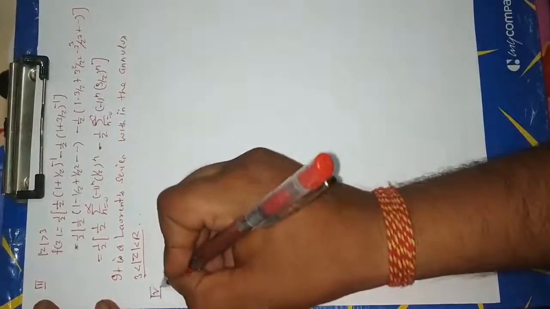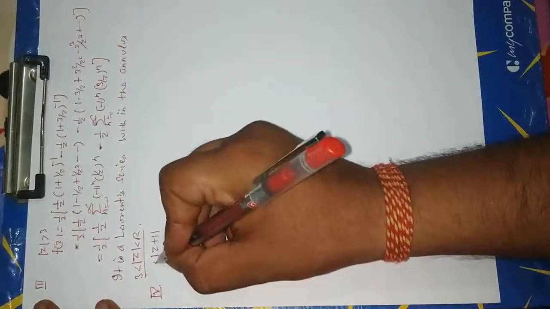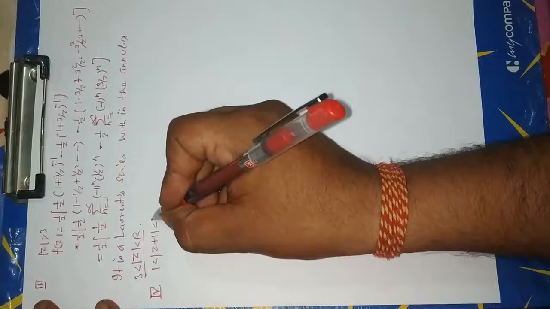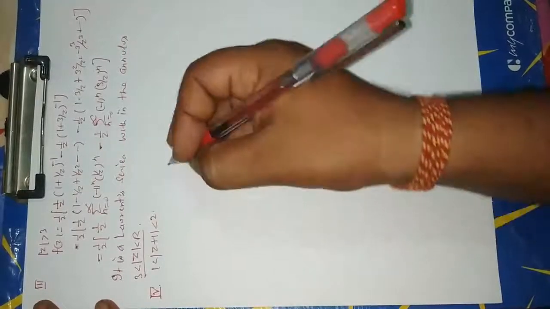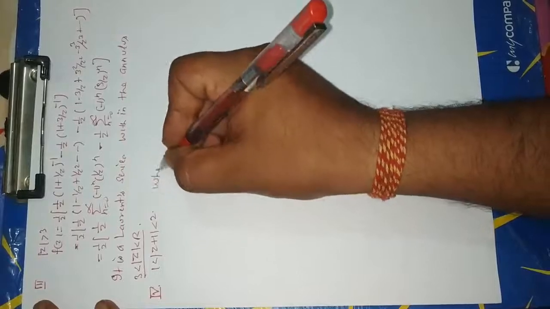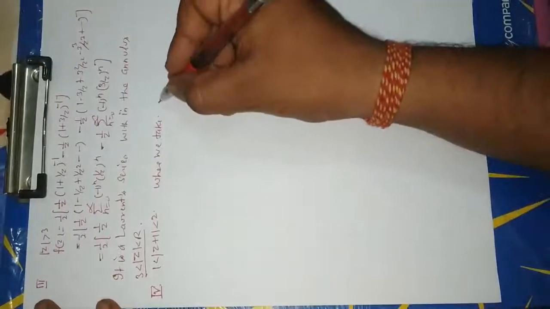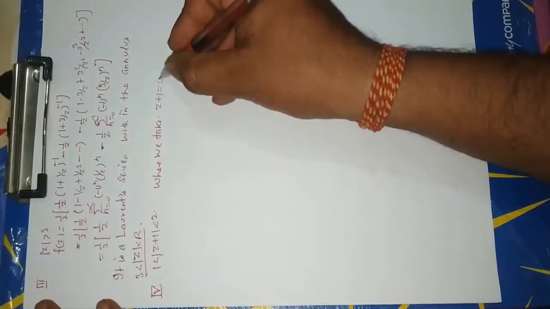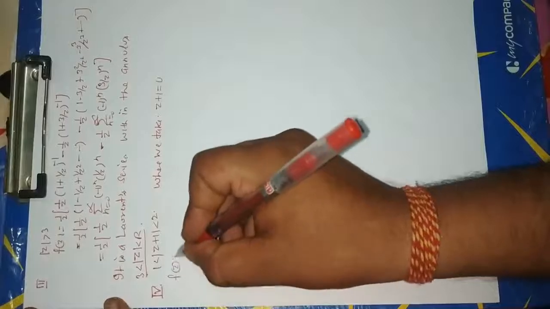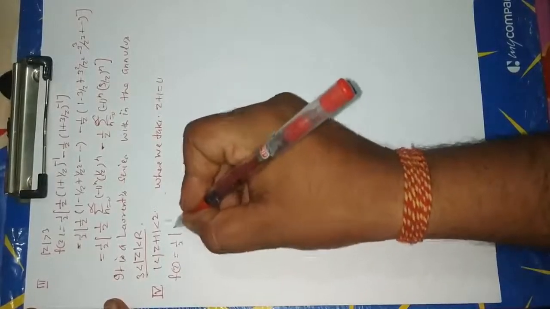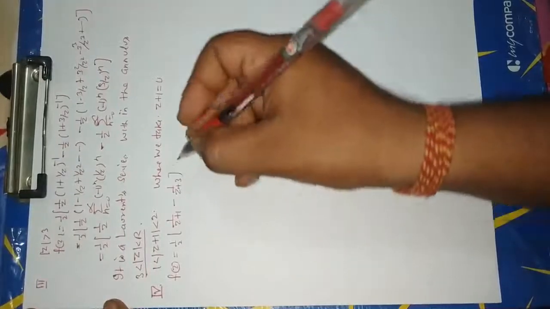Now fourth part, z plus 1 modulus greater than 1 less than 2, where we take z plus 1 equal to u. But f(z) is equal to 1 upon 2, 1 upon z plus 1 minus 1 upon z plus 3.